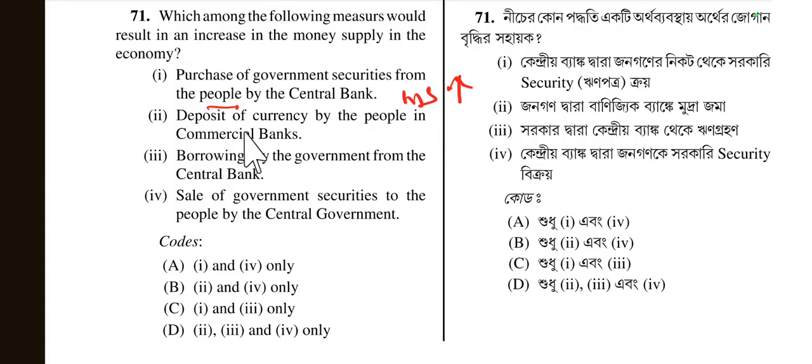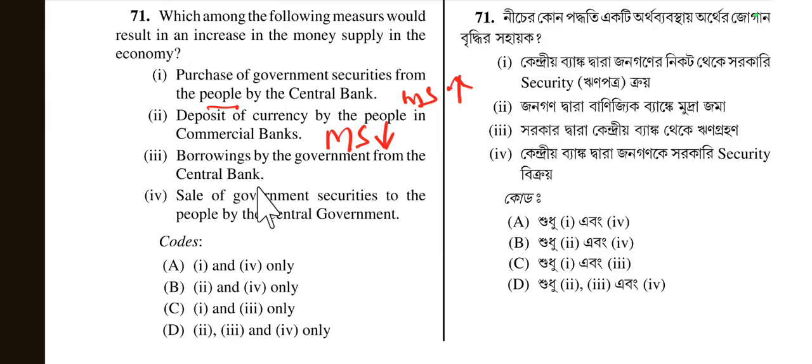Then the second option is deposit of currency by the people in the commercial banks. If people deposit in the commercial banks, then money supply reduces, because if they hold cash in hand, it will increase the money supply, but if they deposit in the commercial banks, the money supply in the economy reduces.